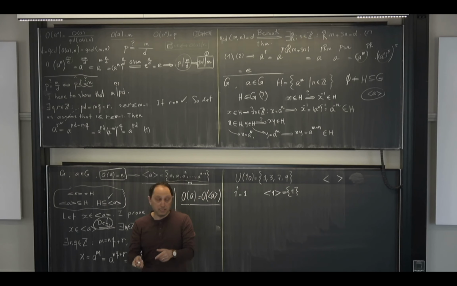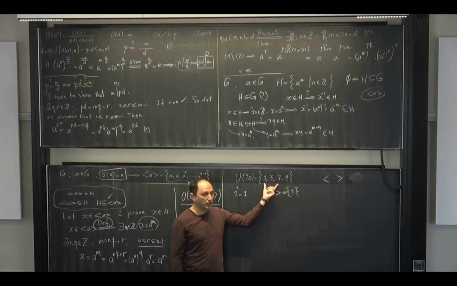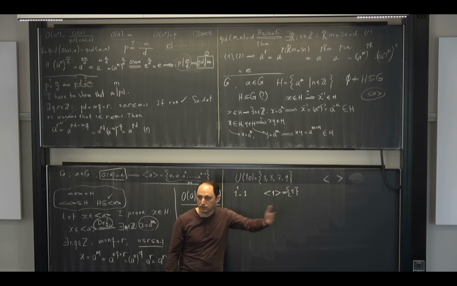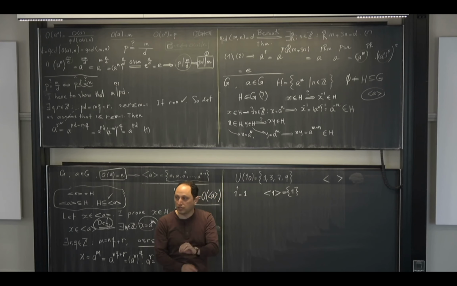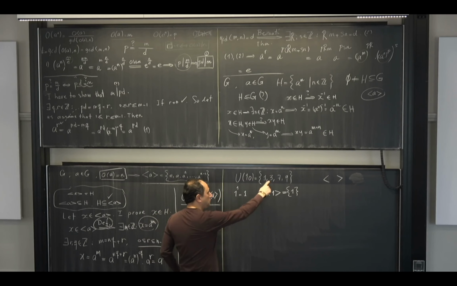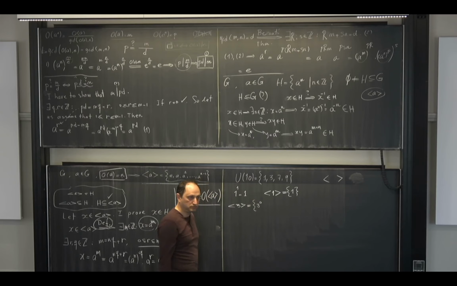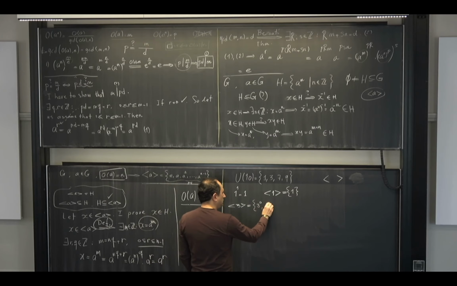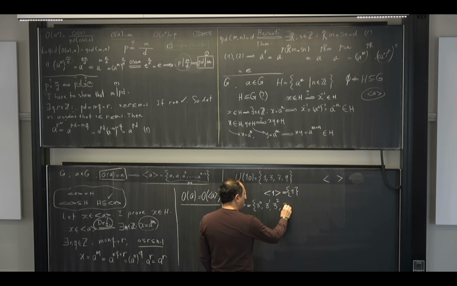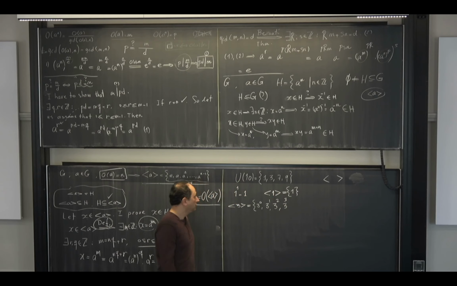But it doesn't mean I can immediately say this is not cyclic, because another one of the elements might generate the whole set. So we have to check all of them. Number 3: 3 to power 0 is 1, 3 to power 1 is 3, 3 to power 2 is 9, and 3 to power 3 is 27, but modulo 10 is 7.